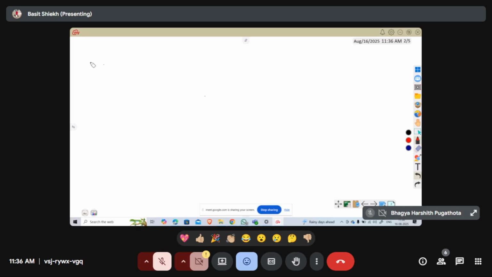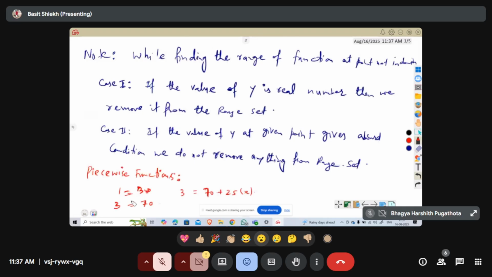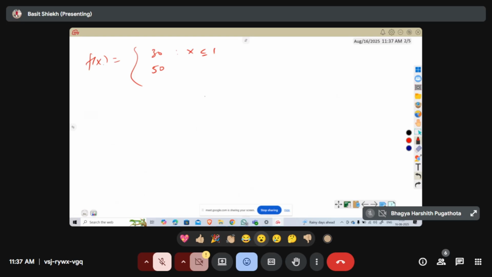For the same function, how will we write this? f of x equals 30 when x is less than or equal to 1. Then the second was 50, I guess, or 70, whatever you want.